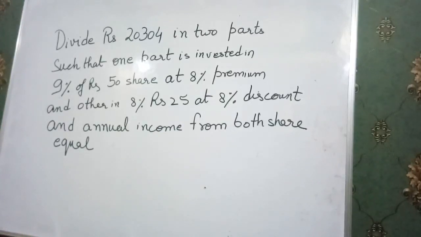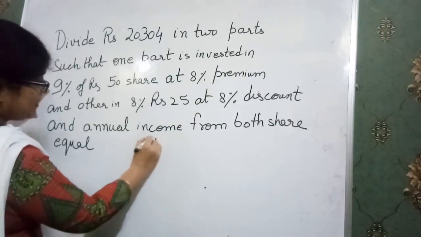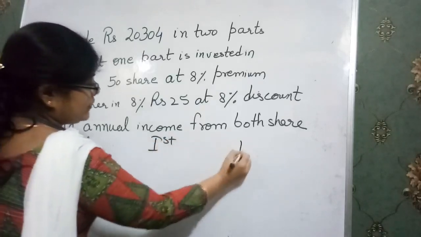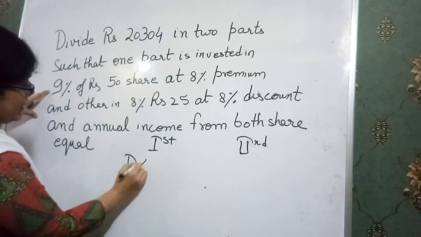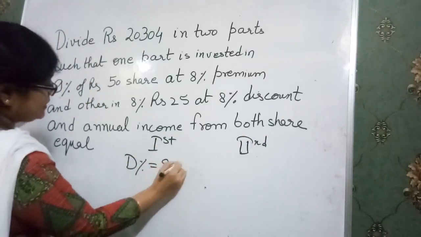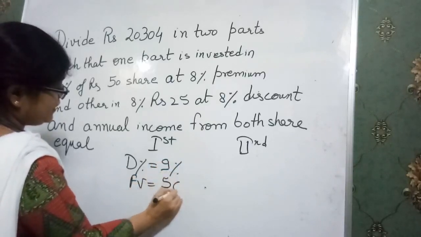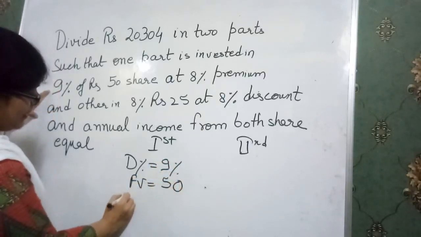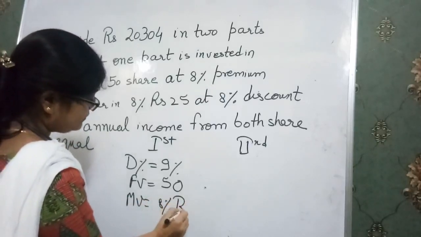Okay, now firstly I am going to analyze the question, so please analyze the question along with me. Let us take the first share and the second share. Now dividend here is 9%, face value is rupees 50, and market value is at 8% premium.